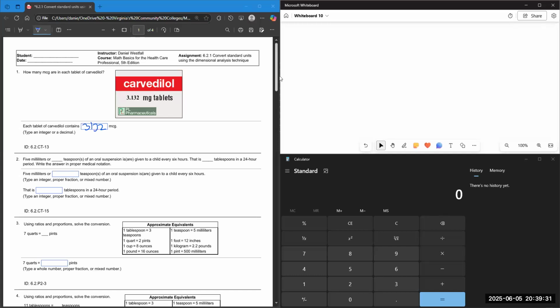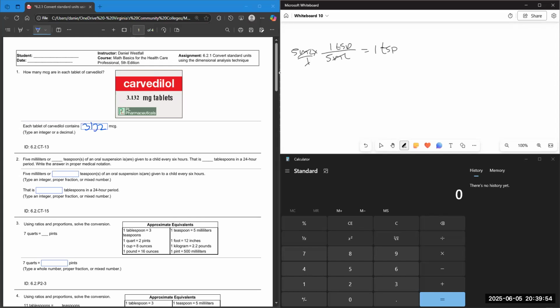5 milliliters to teaspoons. There's 5 milliliters in a teaspoon. So we'll cancel the milliliters here. This is 1 teaspoon given as an oral suspension every 6 hours.